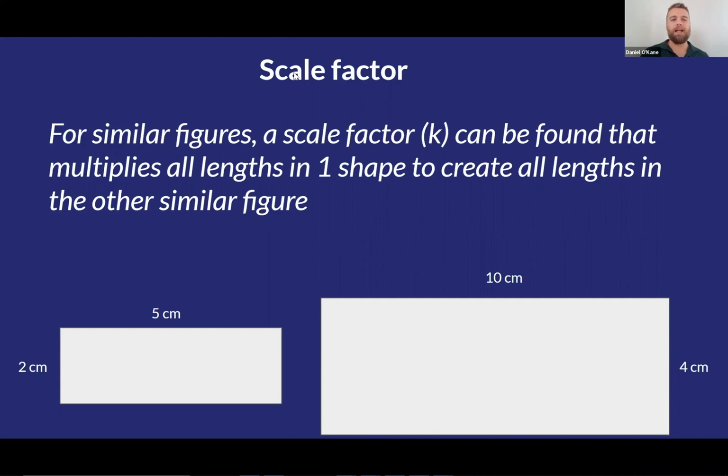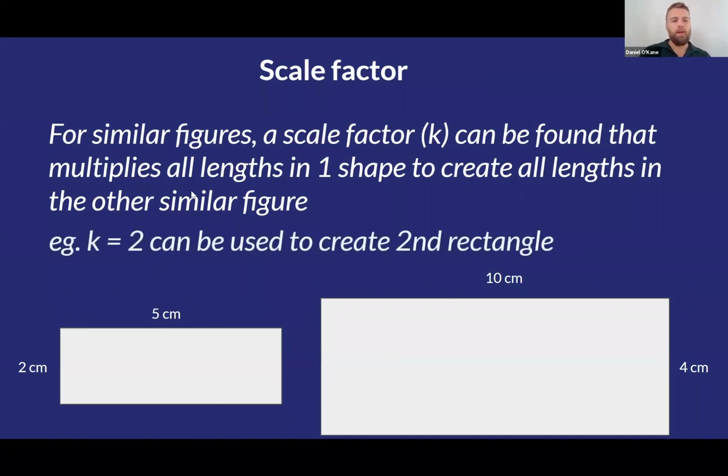In the example I just looked at, the scale factor was 2. The 5 was multiplied by 2 to create 10, and the 2 was multiplied by 2 to create 4. So K equals 2 is the scale factor that was used to create the second rectangle. In other words, the first rectangle was enlarged by a factor of 2.